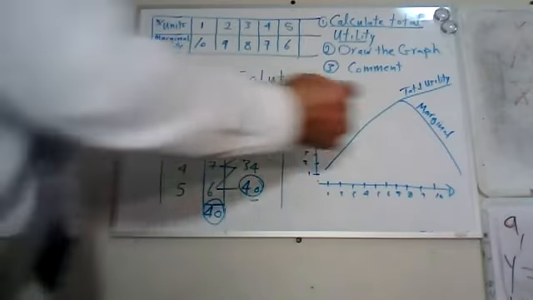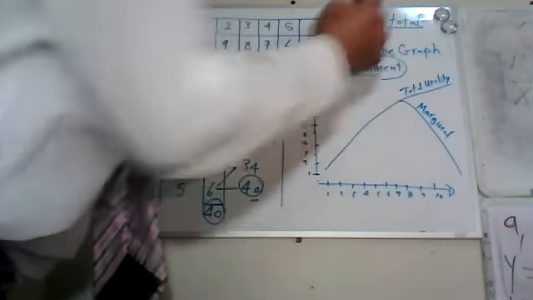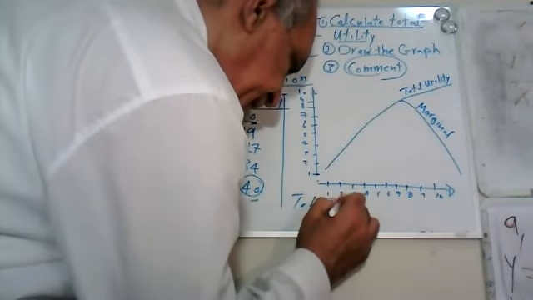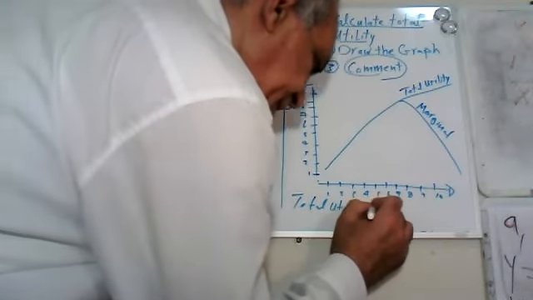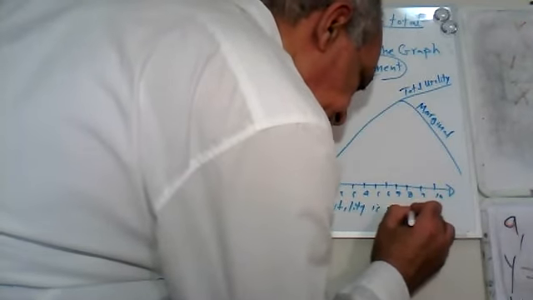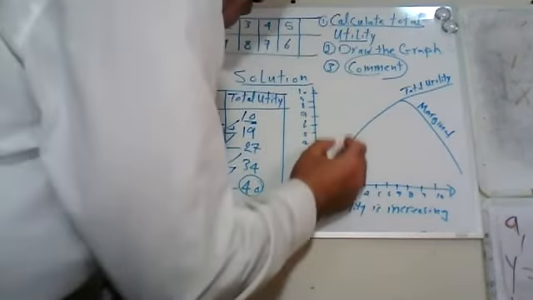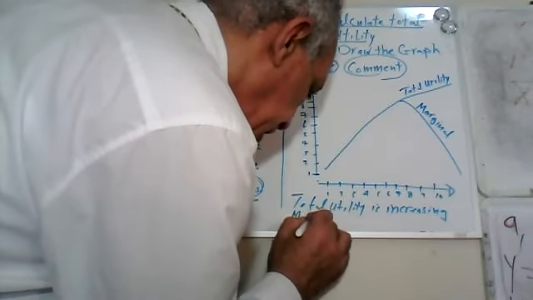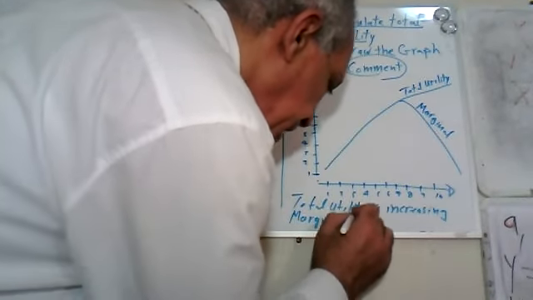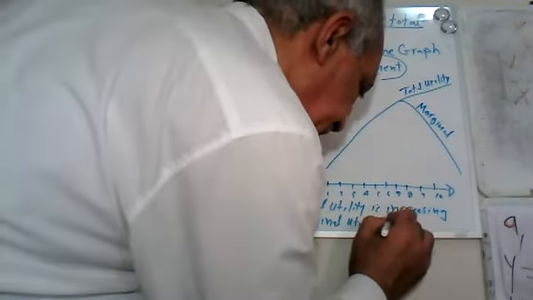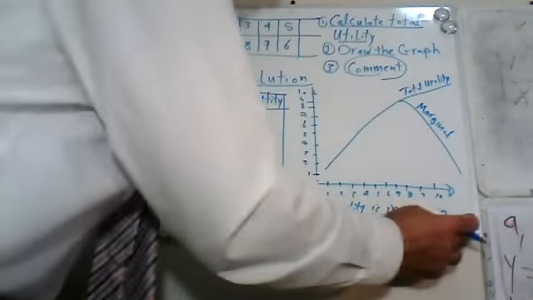So while the total utility is increasing, and this is your comment, total utility is increasing, we will find that the marginal utility is decreasing.